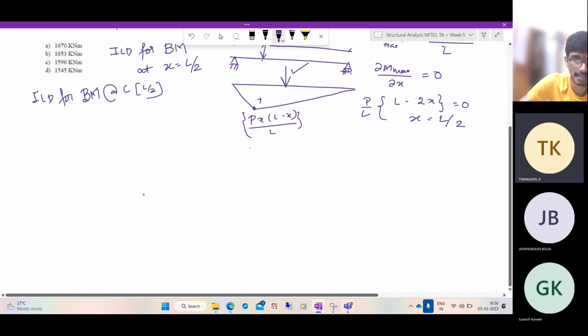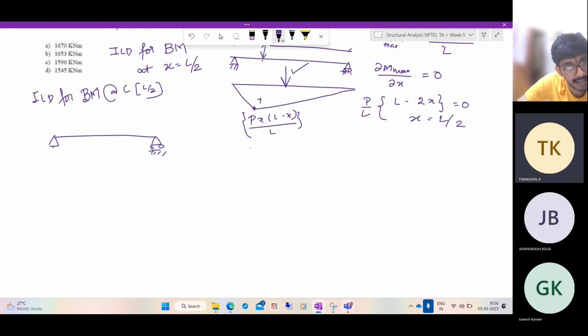Simple. As usual, let us consider the beam. We'll use the Muller-Breslau principle. Let us release the rotational restraint and apply the moment, sagging moment MC, on the two parts of the beam. Once we apply that, how does the beam deform? It deforms like this. So, according to the Muller-Breslau principle, the influence line diagram for the bending moment at the midpoint is like this.